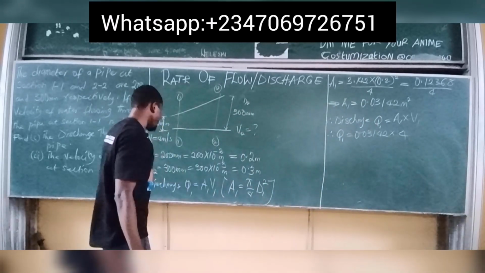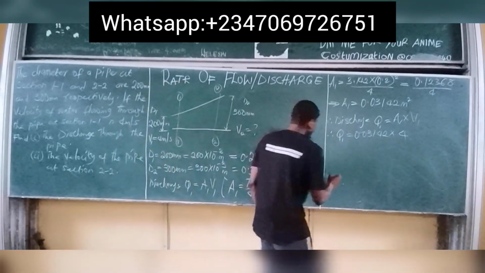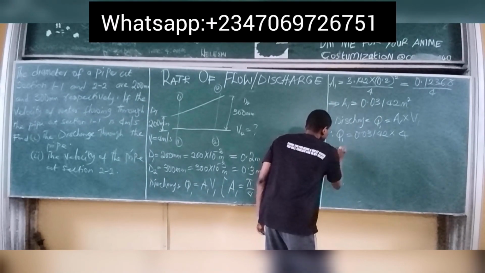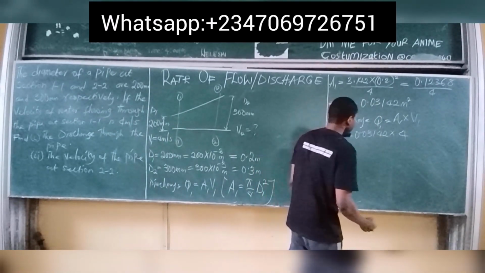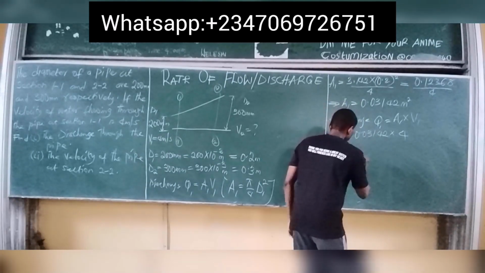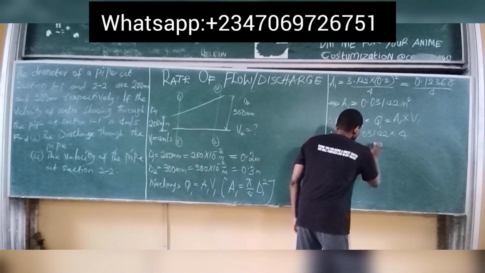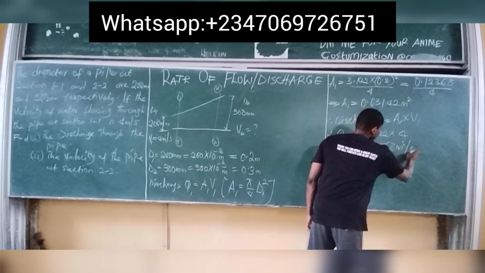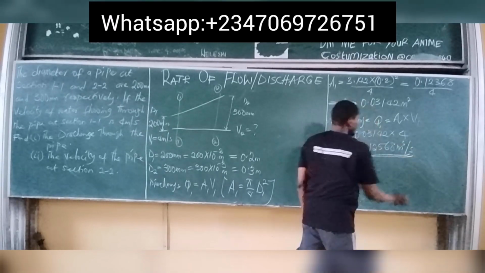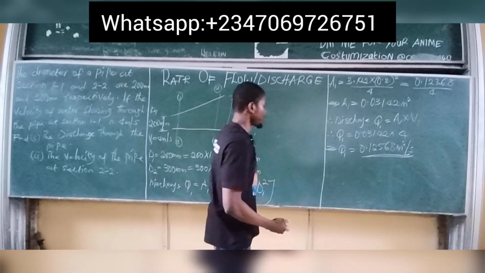So the discharge at section 1 is equal to 0.03142 multiplied by 4. That gives us 0.12568 meter cube per second. So this becomes the discharge through the pipe.